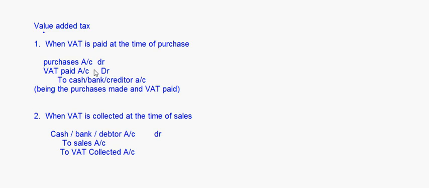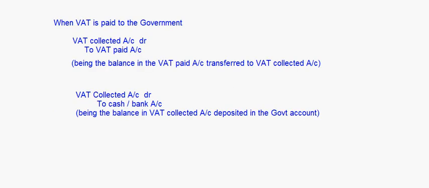VAT paid is always debited, VAT collected is always credited. And finally, at the end of the year, VAT paid is transferred to VAT collected account, and if there is a balance in the VAT collected account, that balance has to be deposited in the government account. Okay.